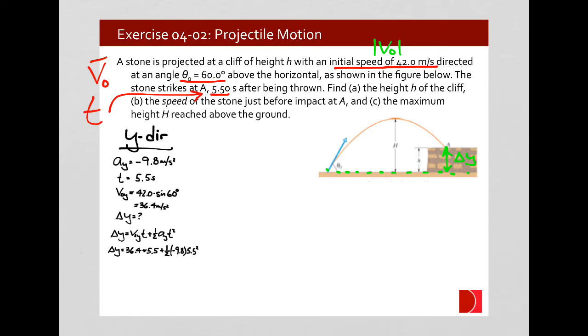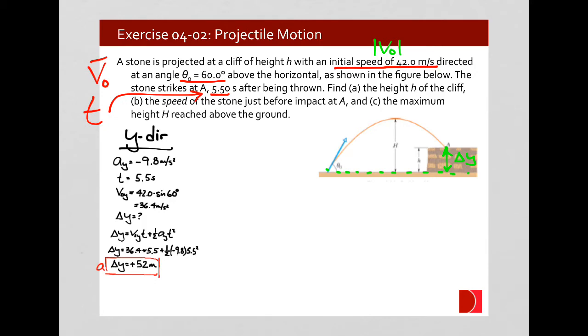When we add all this up, we end up with delta y is a positive 52 meters. So we end up 52 meters above where we began, which makes sense from the picture of what we're trying to find. So this is our answer to part A.